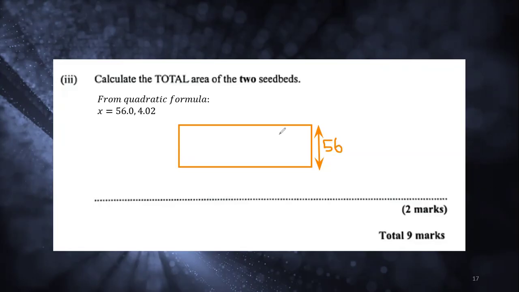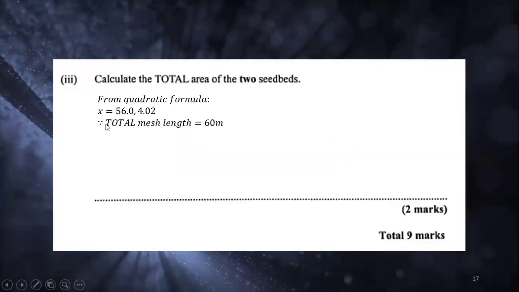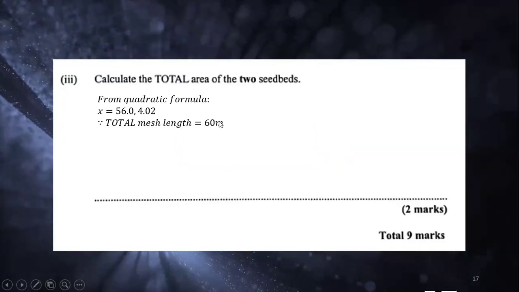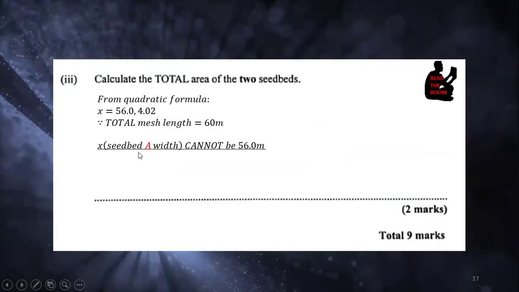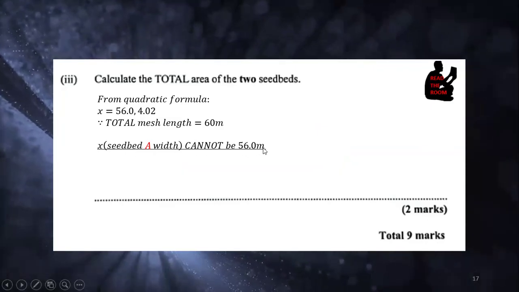It will be 100 and something. Okay? For both seed beds. So we cannot choose 56. We'll have to choose 4.02. Who understands that? Since the total mesh length is 60 meters, the x, which is the seed bed A width, cannot be 56.0.